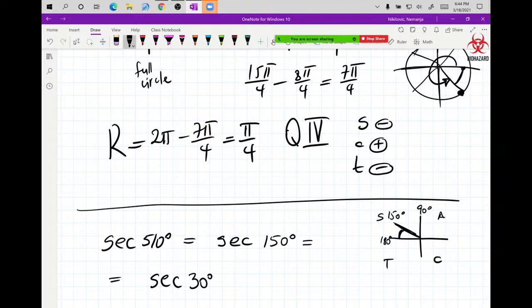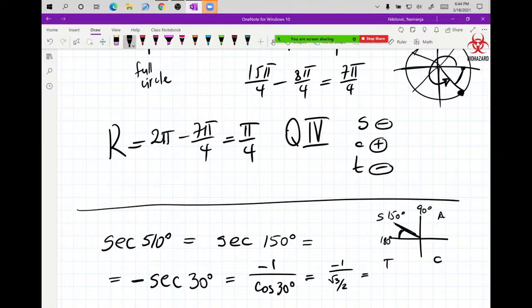And then, all students, secant is connected to cosine, so that has to be a negative. So I have a -1 divided by cosine of 30 degrees. Cosine of 30 is? Very good. You're supposed to know those values already.